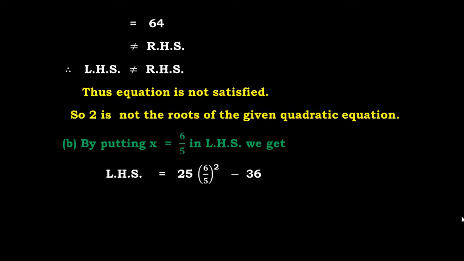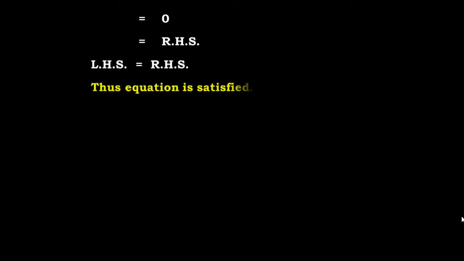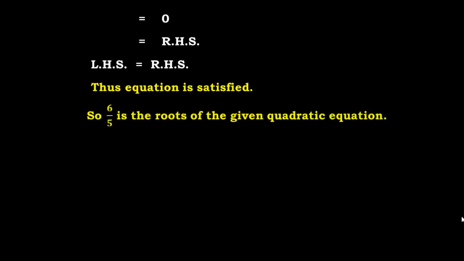See, 6 upon 5 the whole square will become 36 upon 25. 25 gets cancelled, that means 36 minus 36 equals 0, which equals RHS. That means LHS is equal to RHS, thus the equation is satisfied. So 6 upon 5 is a root of the given quadratic equation.